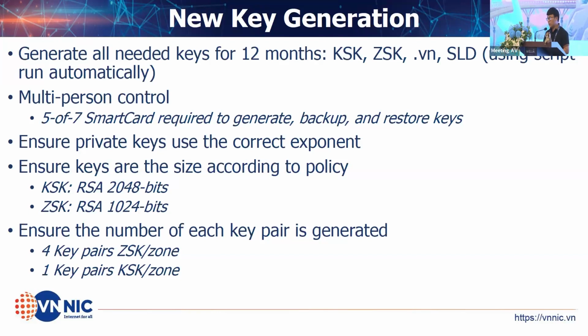And for the information of the keys, we use the same method with the same algorithm as the first time. I mean the KSK uses RSA SHA-256 and the length is 2048, and the ZSK uses the same algorithm and the length is a little bit smaller.